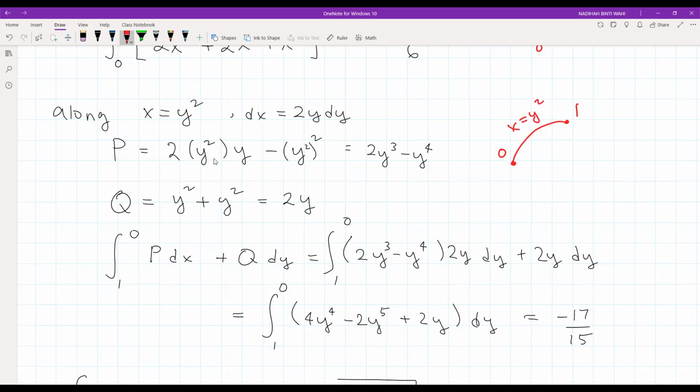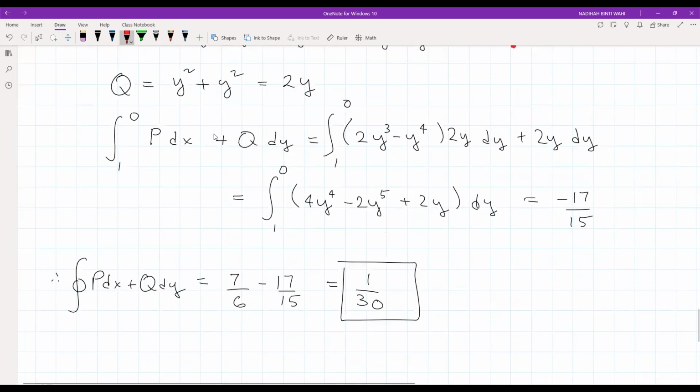So I just substitute x. So this is x equals y squared, and then this is x equals y squared. Okay, so gantikan saja, and then solve P and Q untuk dy. Kemudian cari dia punya dx. So this is the dx. dx is 2y dy. Okay.